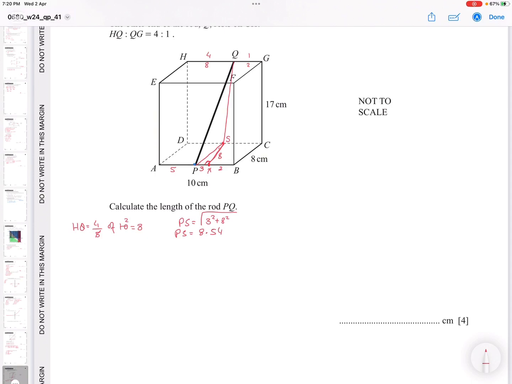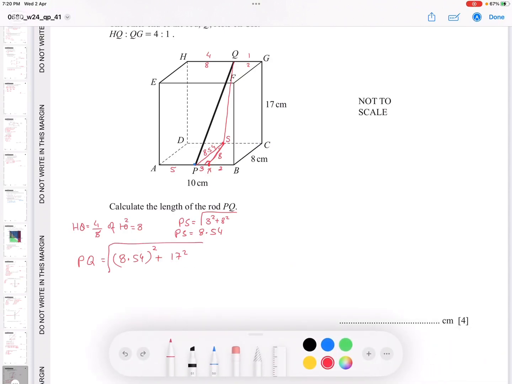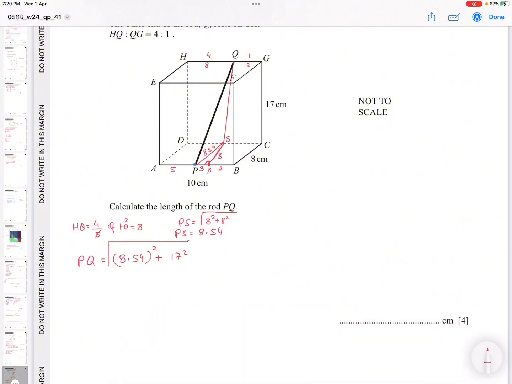Now this is your 8.54. QS is already 17. Now you can calculate PQ equals square root of 8.54 squared plus 17 squared. And this is the length PQ, 19.03.